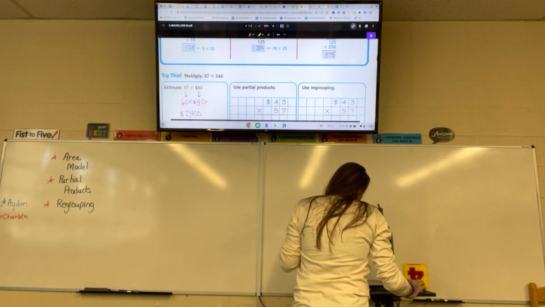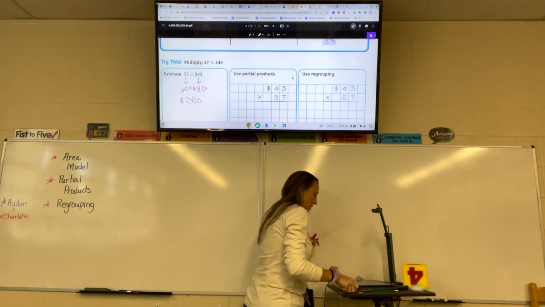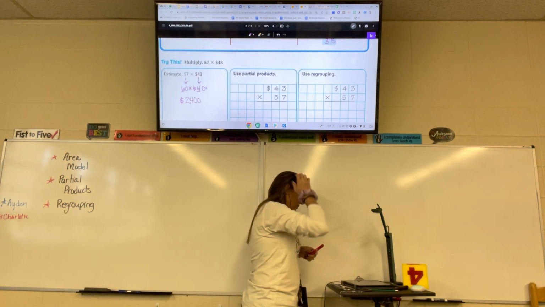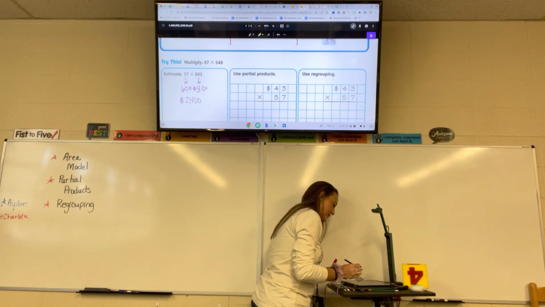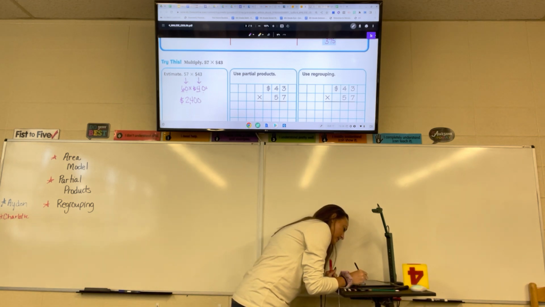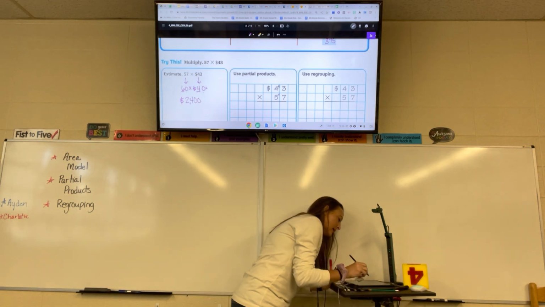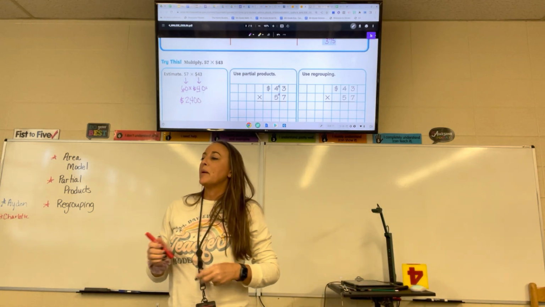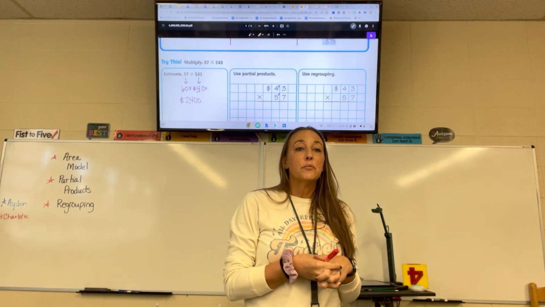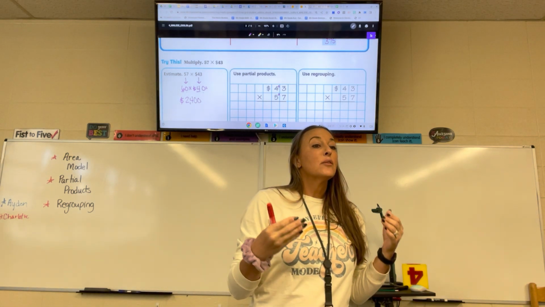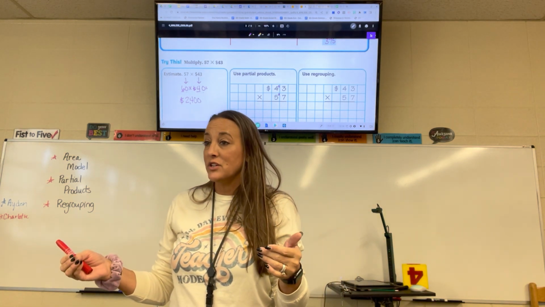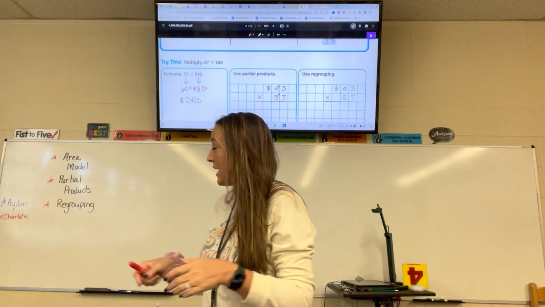All right, now they want us to start by using partial products. So the first thing that we do on partial products is add the little tiny zeros. If you have trouble remembering which digits to multiply together first on partial products, you're going to multiply together the ones you just added the zeros to first. Okay?